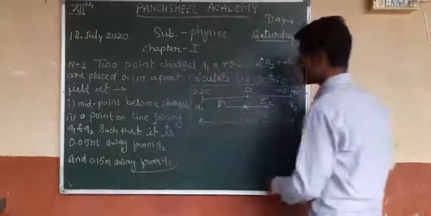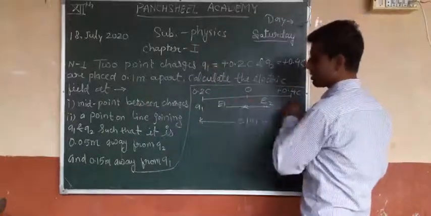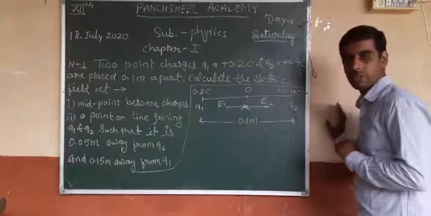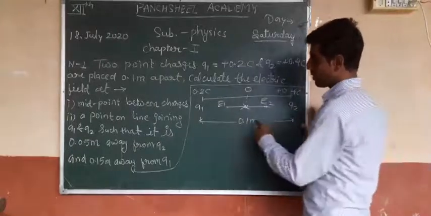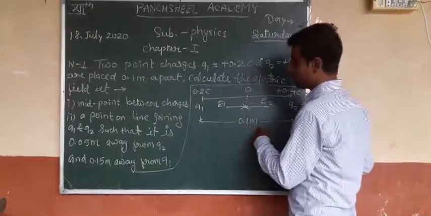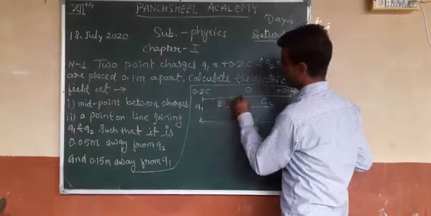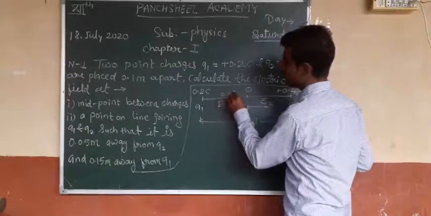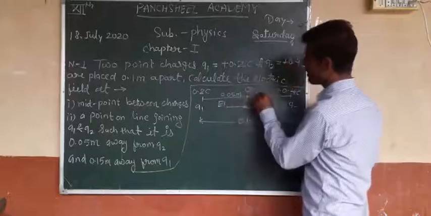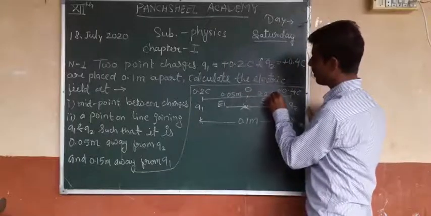So I consider this is the midpoint of this separation between two charges. So what is the half of 0.1? This distance is 0.05 meter, and this distance is also 0.05 meter.